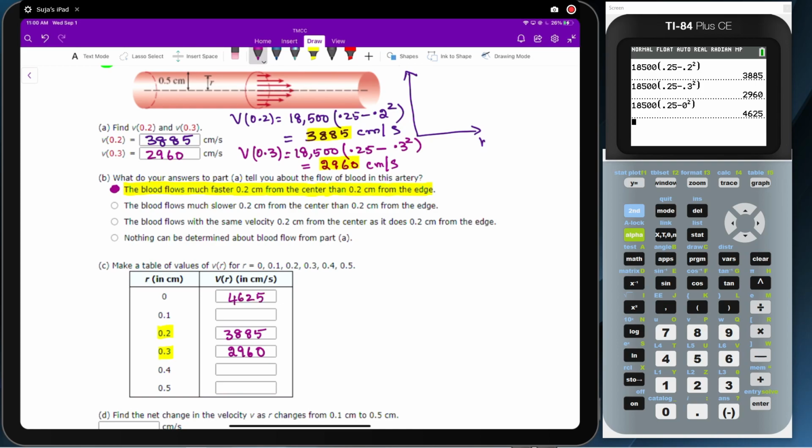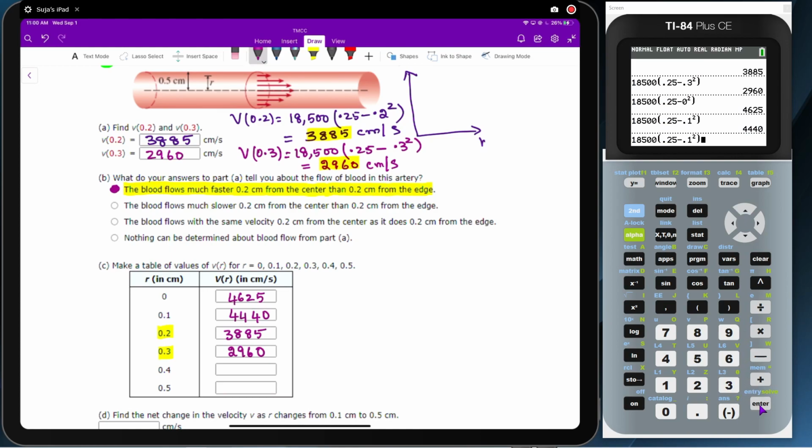4,625 centimeter per second. When it is 0.1, I need to replace the 0 with 0.1. So 4,440 centimeter per second.